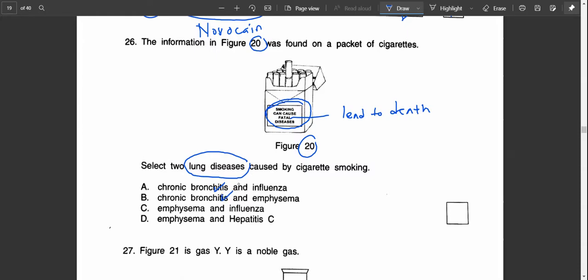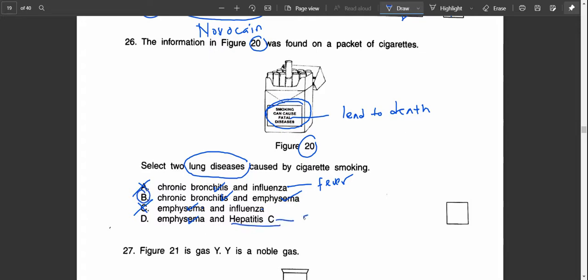That's why we can accept that one. Influenza means fever, so A is out, and then again fever, so C is also out. And emphysema is another disease that is inside the lung, therefore the answer is B.